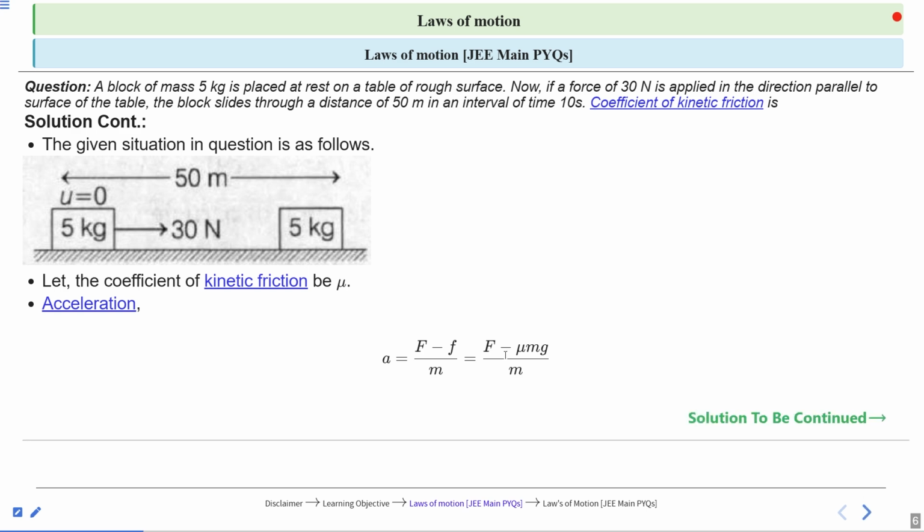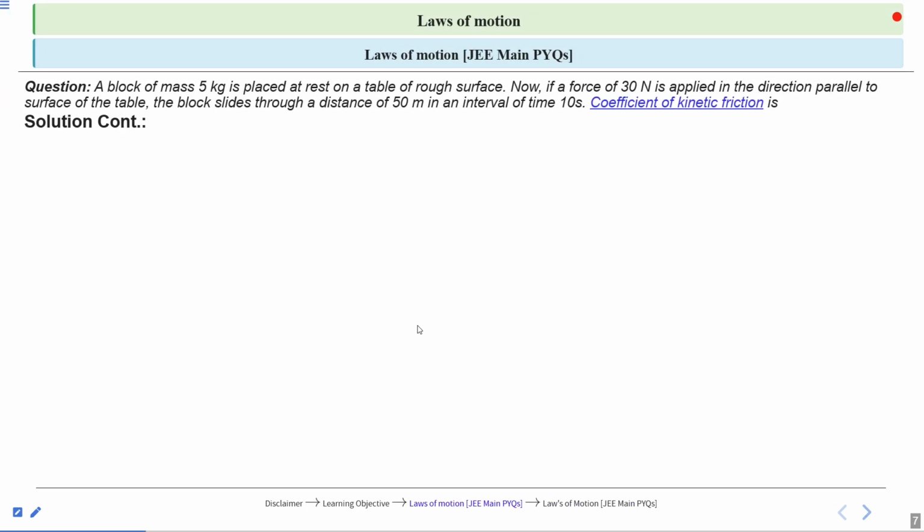So we have to solve for acceleration A. Just substitute the values. 30 is the applied force, parallel to the surface of the table, and the frictional force is minus mu into 5 into 10, divided by mass.